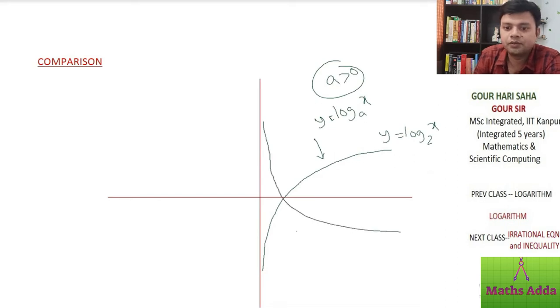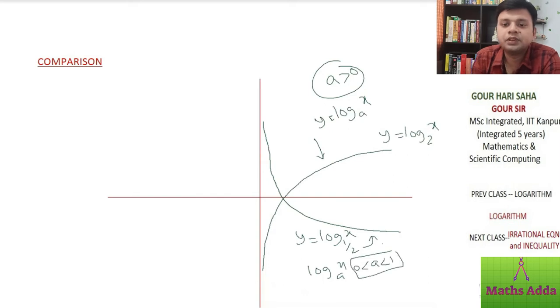This is the graph of y is equal to log x base half. So this is the graph of log x base a when a is from 0 to 1. So we learned the graph of log and exponential in both situations, when the base is 0 to 1 or when the base is greater than 1.